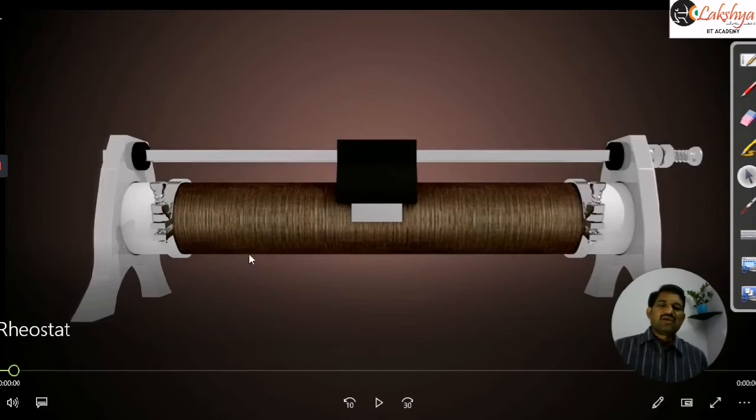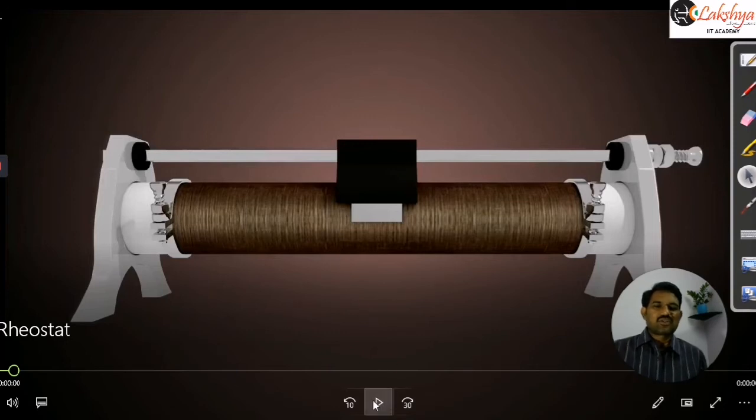And then this is the sliding part here. By sliding this, we can vary the resistance of the circuit. One end may be connected here and the other end of this wire may be connected here, or sometimes you may connect between this terminal and this terminal. That is our choice; it depends on the given circuit how we are going to use it. As the wires are insulated from each other, even though there is physical contact between those wires, they are electrically insulated.